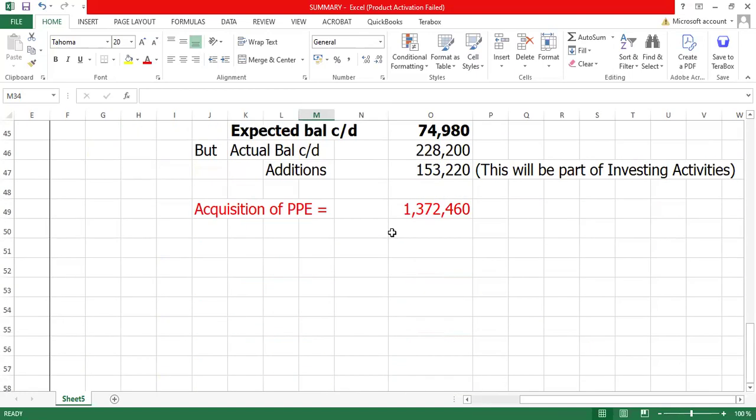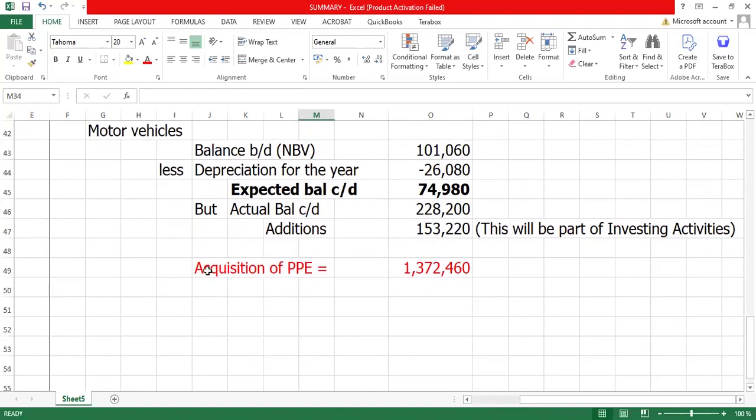In your cash flow, you will have one component called acquisition of PPE, and this will be under investing activities. That will be cash outflow, because in acquisition you're spending.